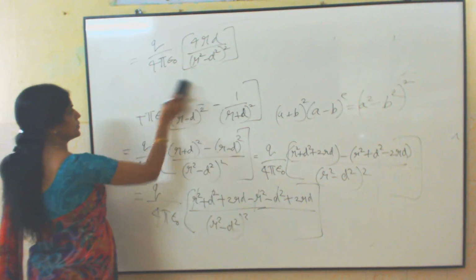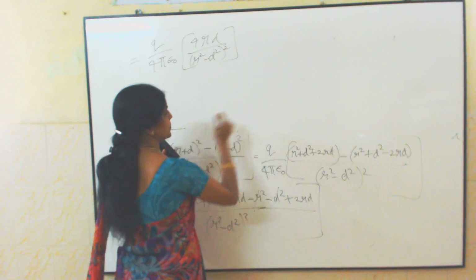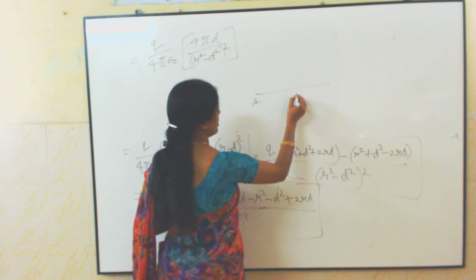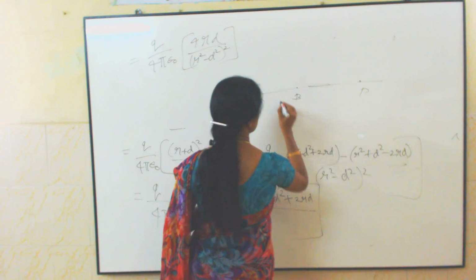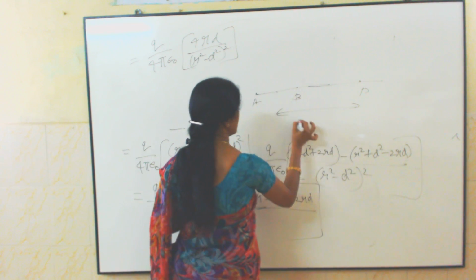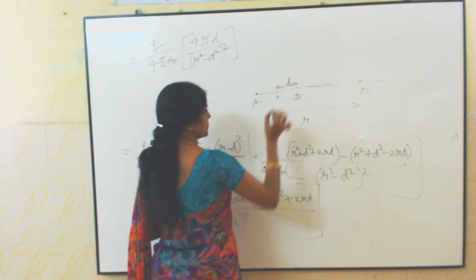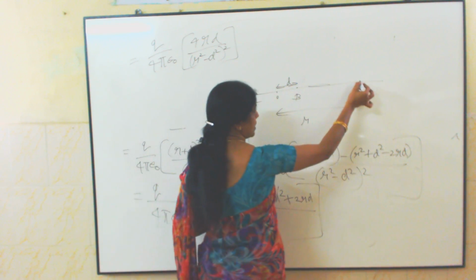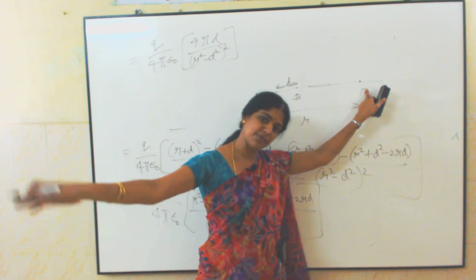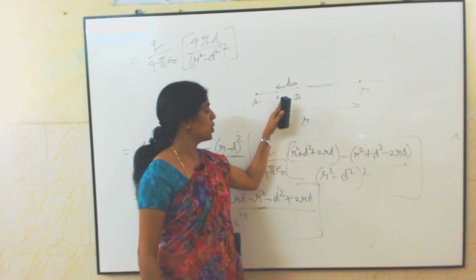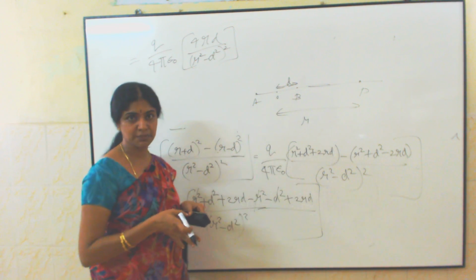Now we have seen in this electric dipole AB, this point P is at a distance of R from the center, but this distance is D. If this point P lies far away from the dipole, when compared to this distance R, this D will be very less.